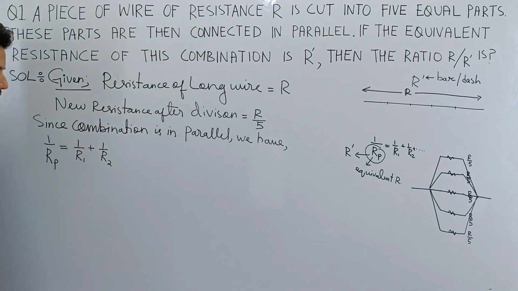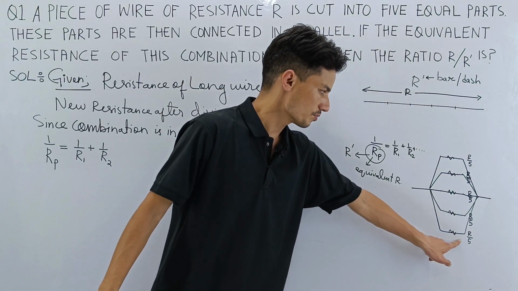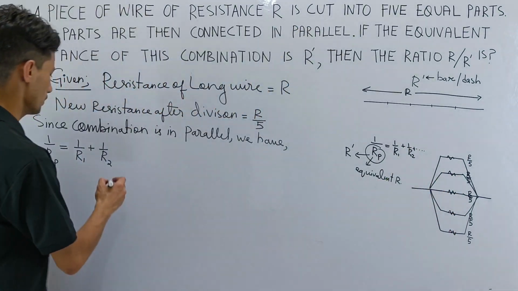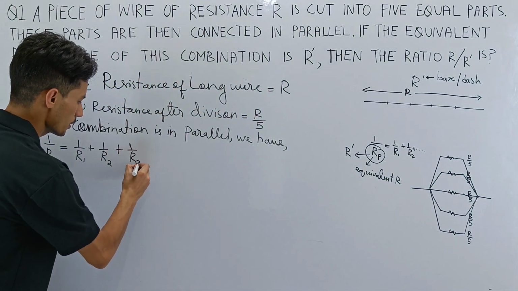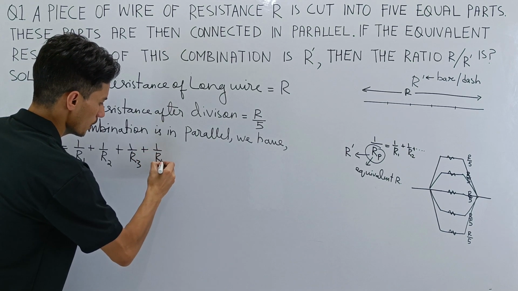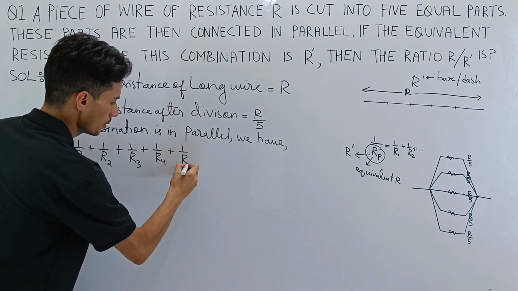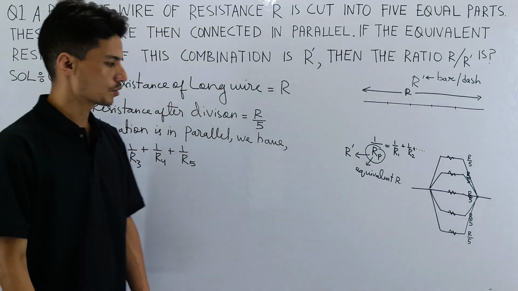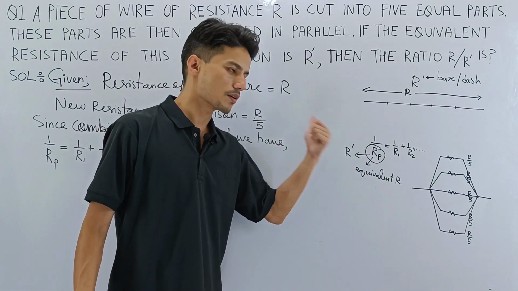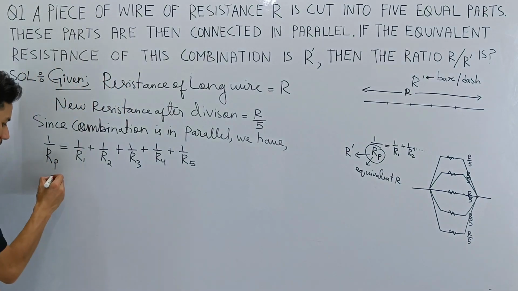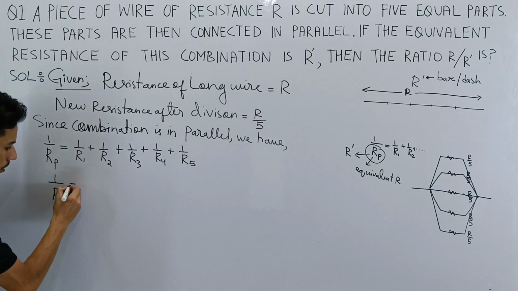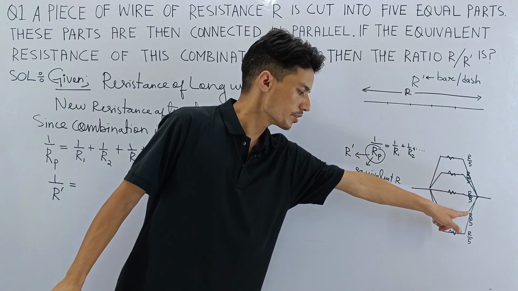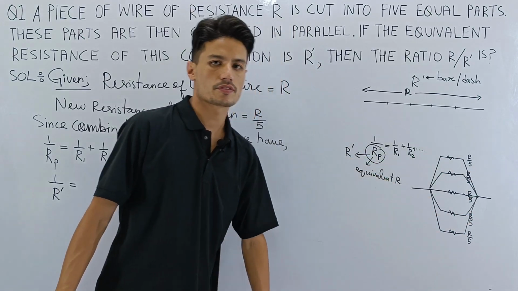Now how many terms should I go to? I should go till R5, because this is R1, R2, R3, R4, R5. So plus R3 plus R4 plus R5. Now Rp, like the question has told us, will be R bar. So instead of Rp, I'll write R bar. And the R1, R2, R3, R4 and R5 values are all R by 5.